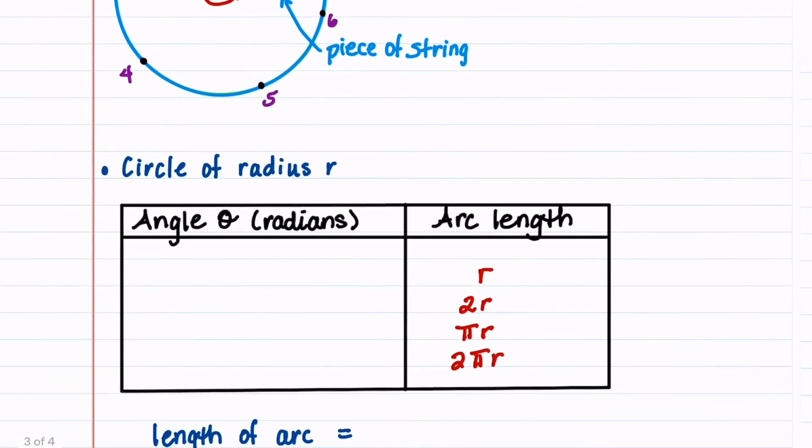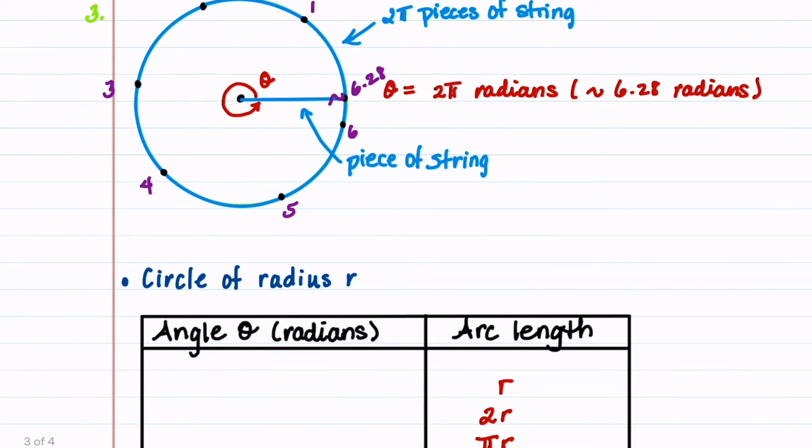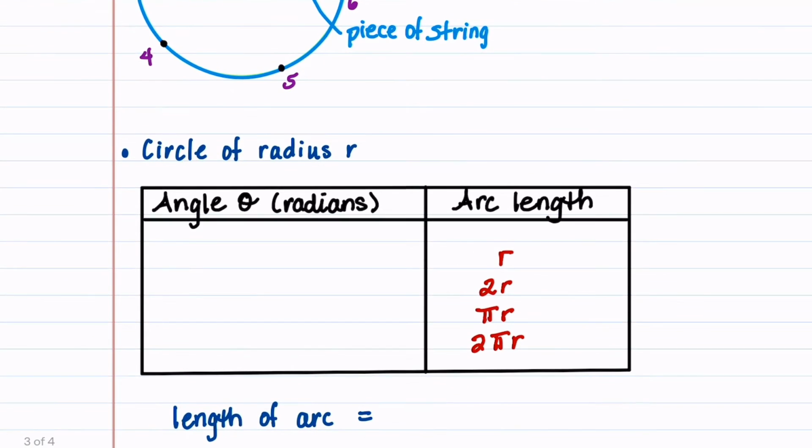Let's now summarize all 4 of the angles we've just looked at. For a circle of radius r, if we have an arc length equal to r, then theta is equal to 1 radian. If we have an arc length equal to 2r, theta is 2 radians.